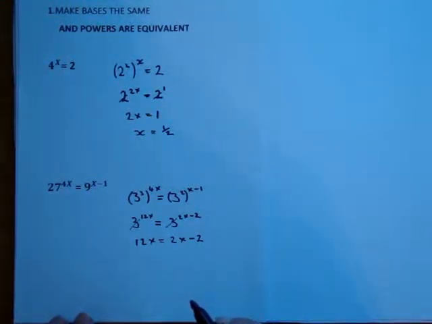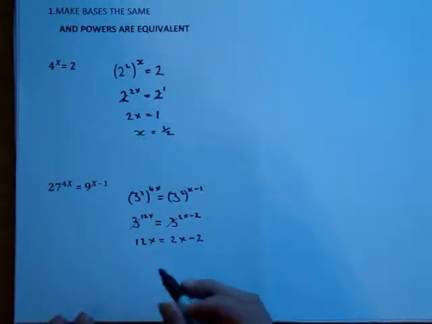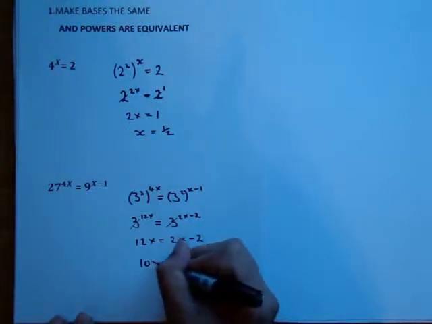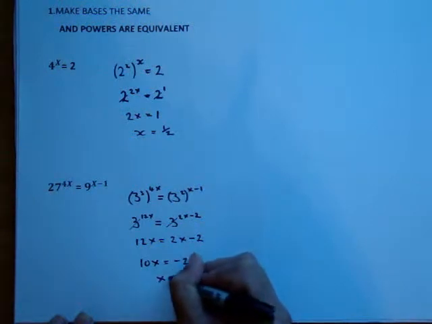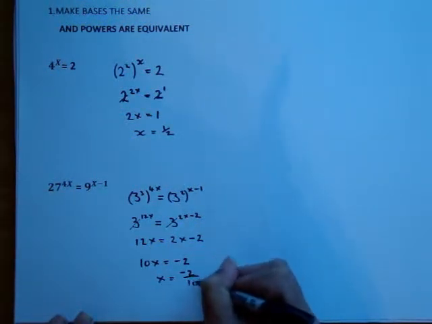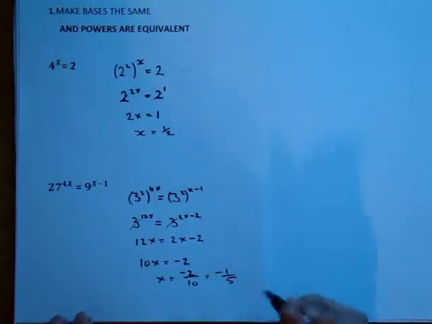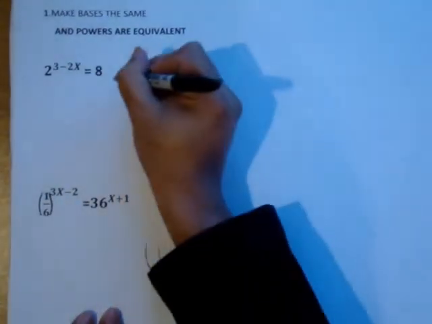Now when we solve this, take the 2x to the other side, so that becomes 10x equals minus 2, and x is minus 2 over 10, which is minus 1/5. 2 to the power 3 minus 2x equals 8. Let's make the bases the same.